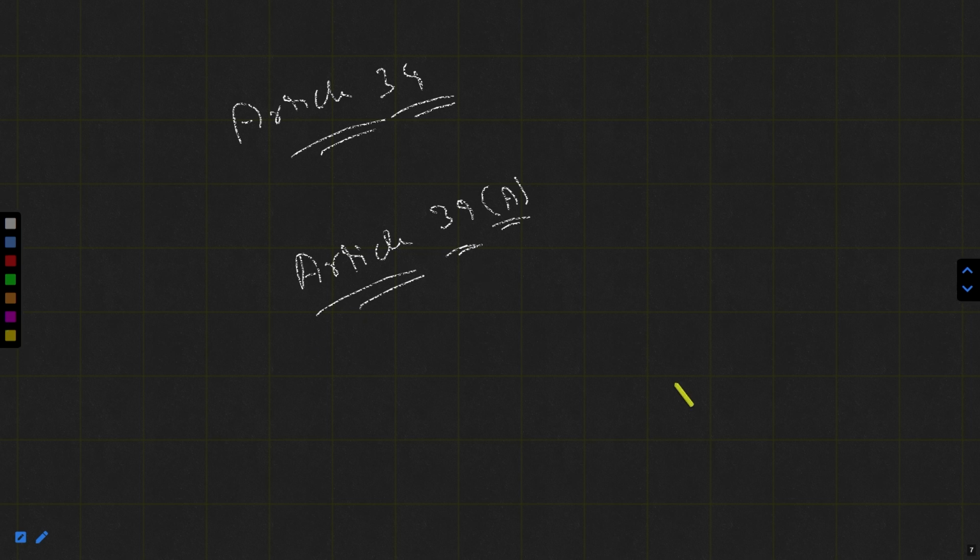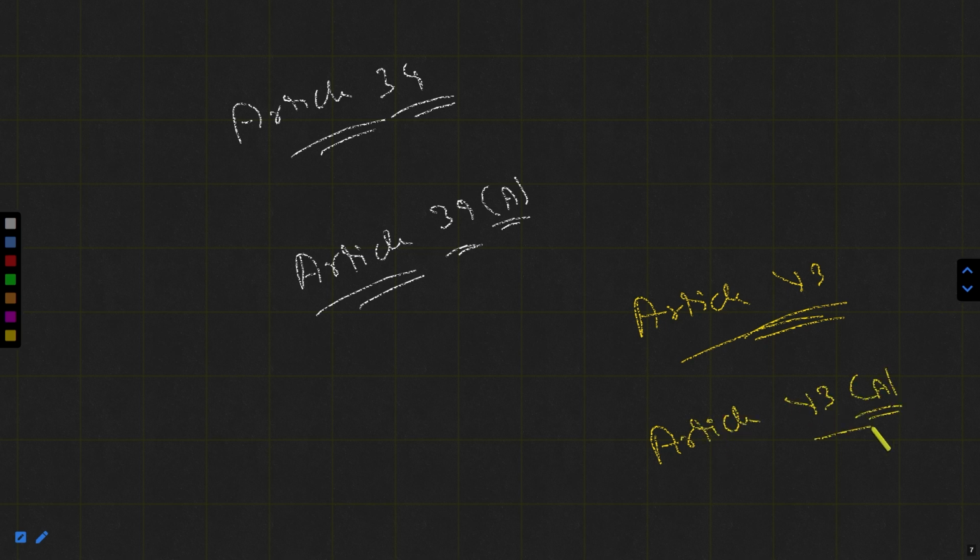Similarly, we have Article 43 and Article 43A.